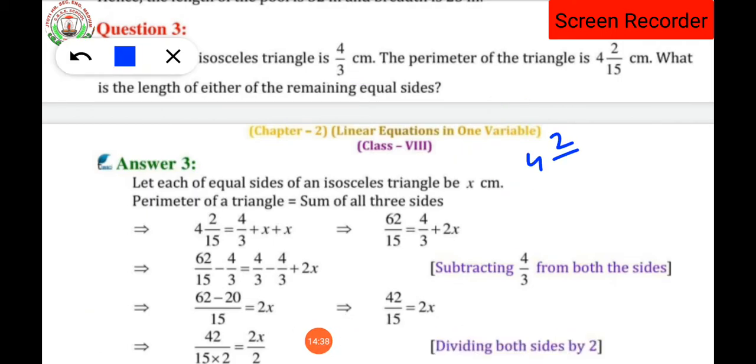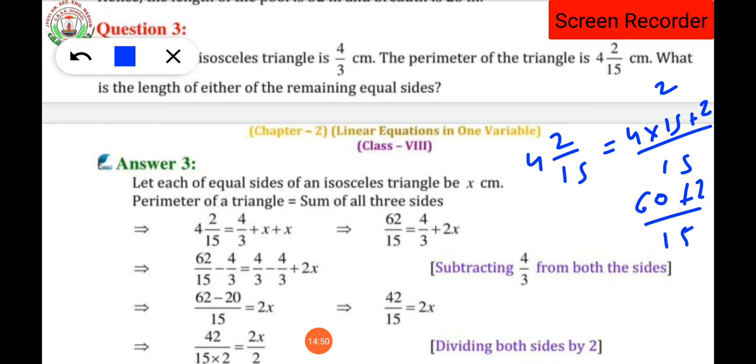Suppose 4 2 by 15 is there. So 4 into 15 plus 2 upon 15. Okay, so 4 times 15 is 60, plus 2 upon 15. So 60 plus 2 will be 62 upon 15. So the mixed fraction is changed into an improper fraction as 62 upon 15.